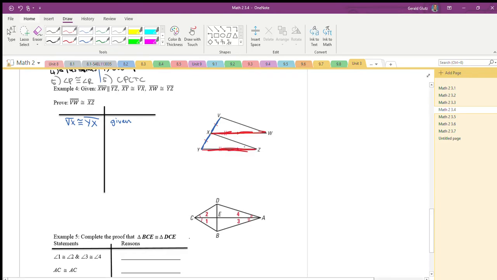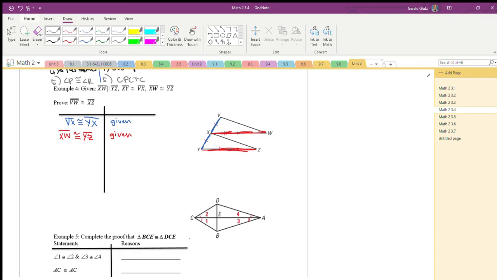XW is congruent to YZ. That's also given. And then what else do we know? So we're trying to prove that VW is congruent to XZ.